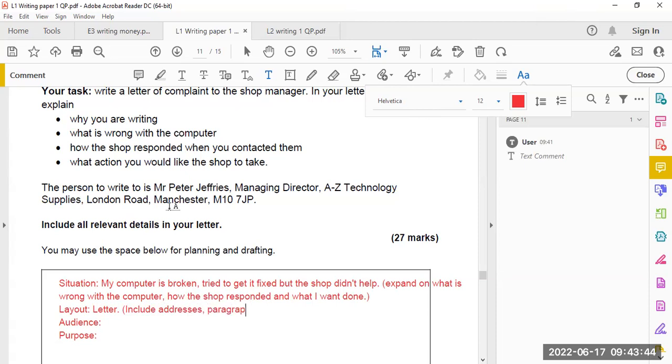Paragraphs, and again, probably an intro, information, further info, and what I want done. Sign off correctly, add a date, and maybe add a subject.